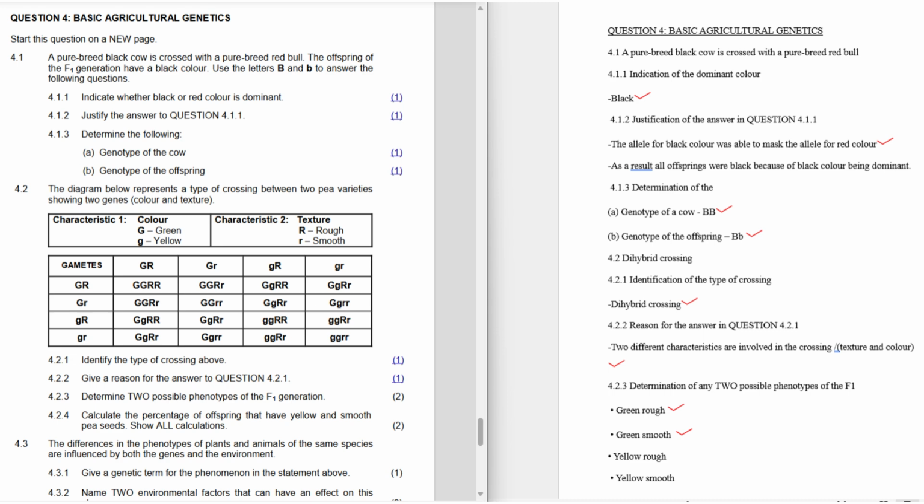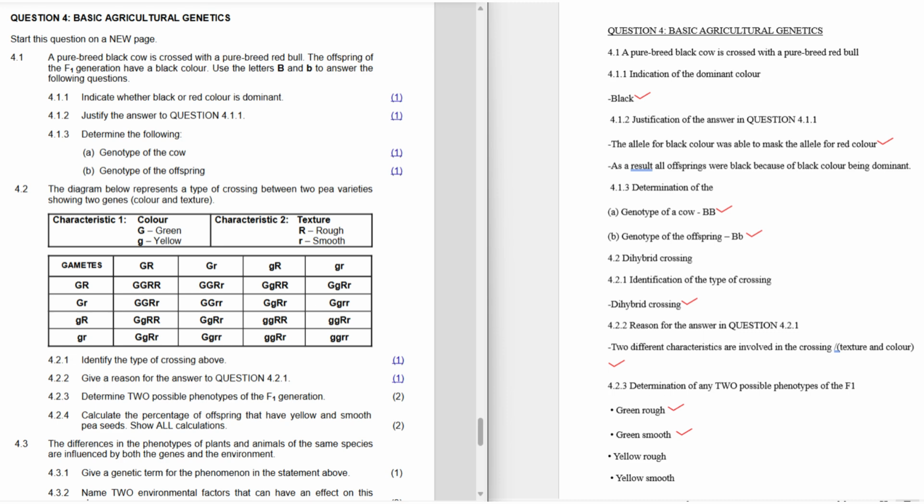4.1.3 Determine the following. We want the genotype of the cow and the genotype of the offspring. The cow is black, no? That means the cow has to be homozygous dominant.